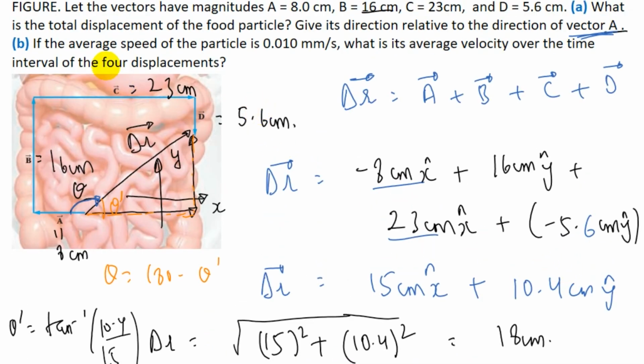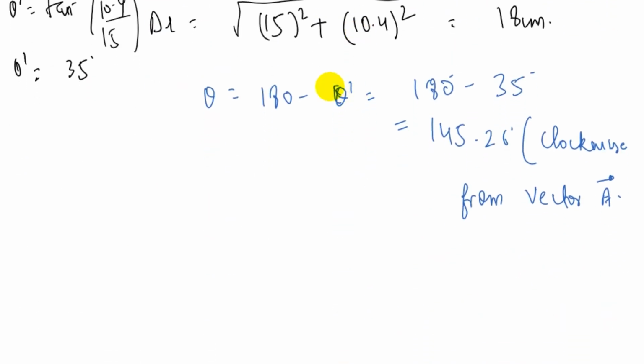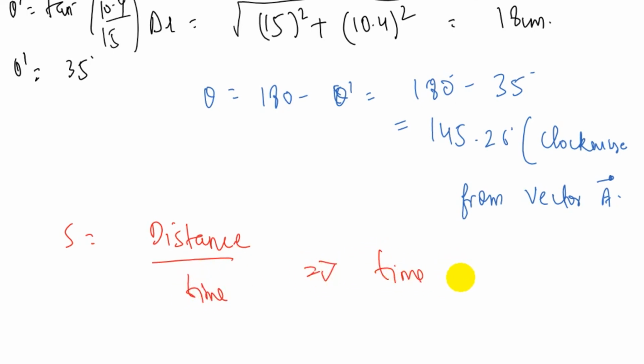Now next, one more part we have. In the B part, we are given the average speed as 0.010 mm per second, and we need to find the average velocity over the time interval of the forward displacement. Speed we know is distance over time, so from here we can calculate the time. Time would be distance over the speed.